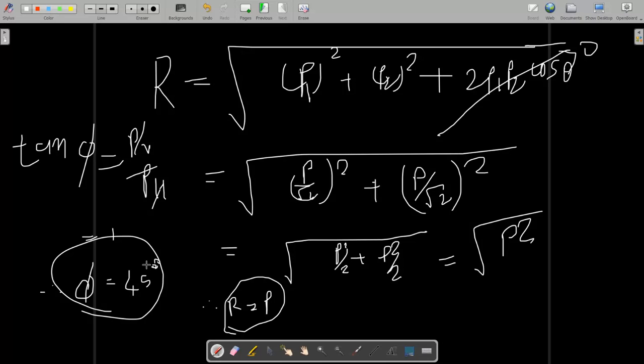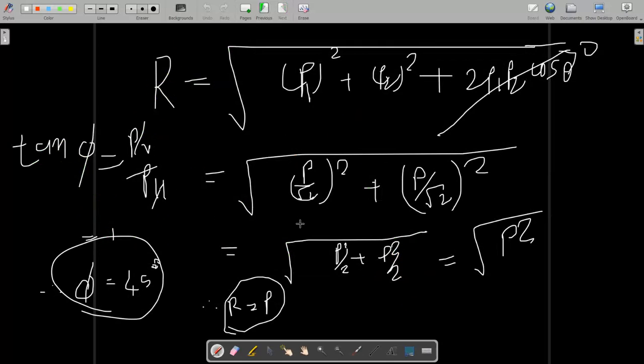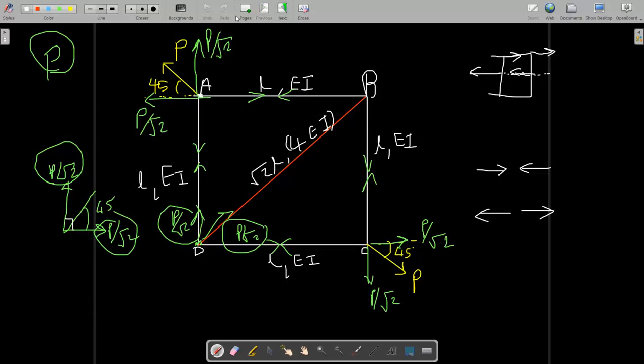The resultant is 45 degree. So at 45 degree this force is acting, and now this point is hinged. Look here, this point is hinged because in a truss we have taken the assumption that all joints are hinge joints.